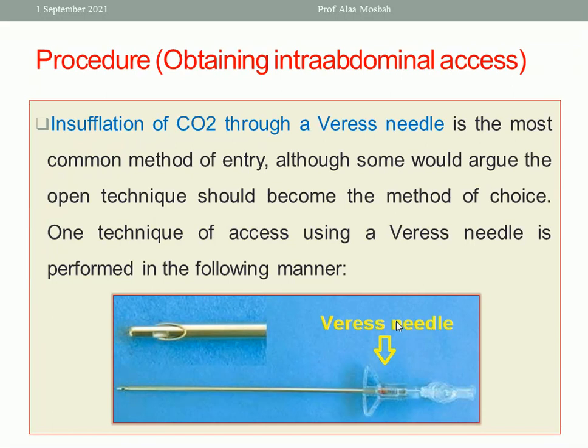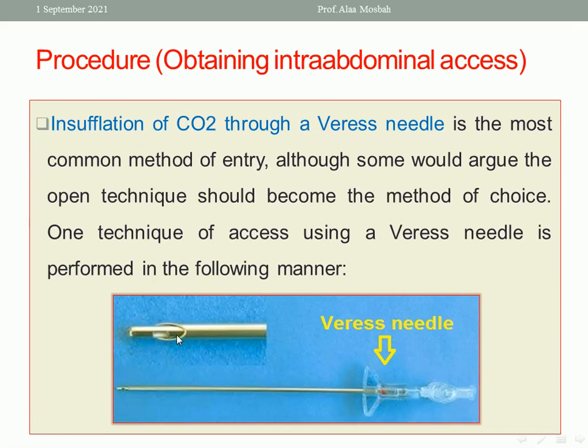Varus needle is the commonest to be used by many gynecologists all over the world. This is how it looks, the varus needle. Okay? Notice this spring. This is the sharp edge, and this is a blunt one, and the opening is here, which passes CO2 inside the abdomen.